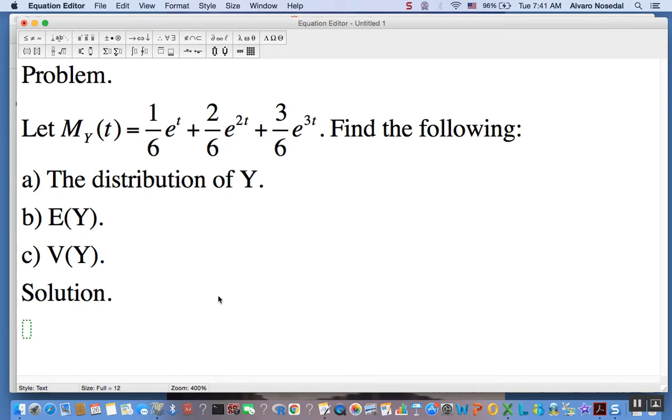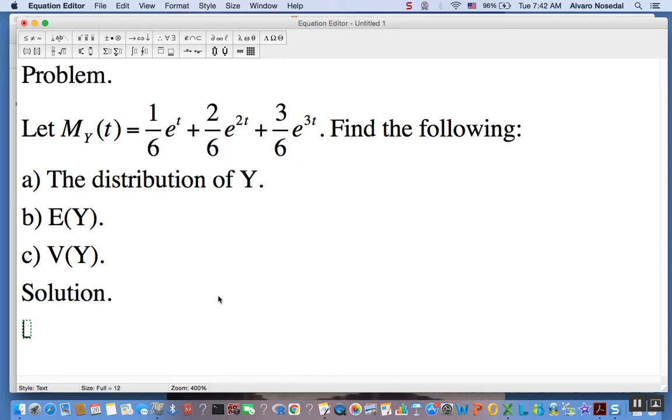In this case, we are given the MGF of a random variable y, and using that MGF we have to find the distribution of y, the expected value of the random variable, and then its variance. Let's try and solve part A.